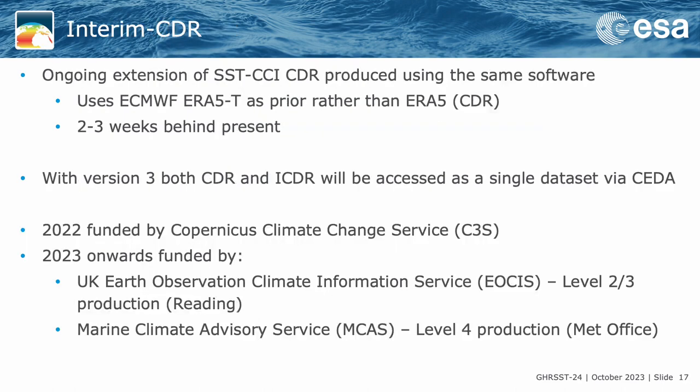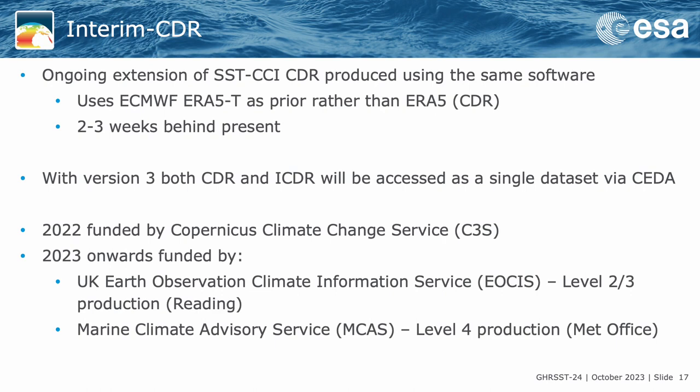In addition to the climate data record produced within ESA CCI, we are also producing an ongoing extension as an interim CDR. This uses the same processing system as the climate data record, but replaces error 5 with error 5t and runs daily at 2 to 3 weeks behind present.